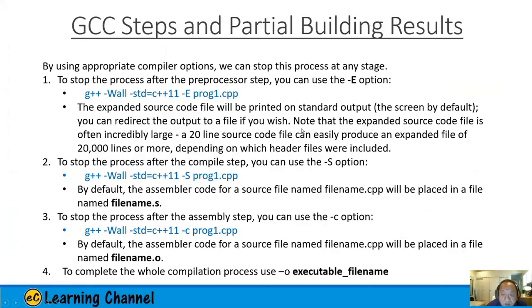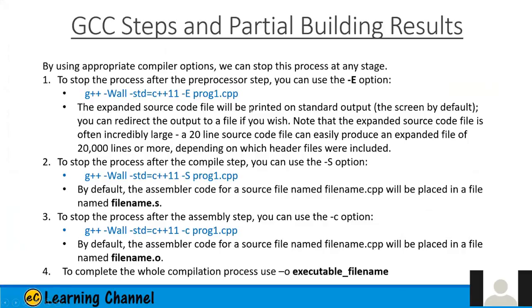Note that the expanded source code file is often incredibly large because it's expanded. After preprocessing, you can just get the preprocessed code out. So -E, you will get the expanded code. -S, you will get the assembly. Is that okay?